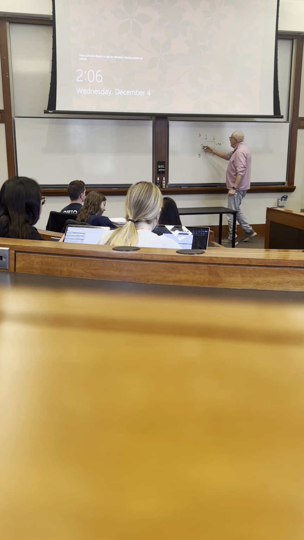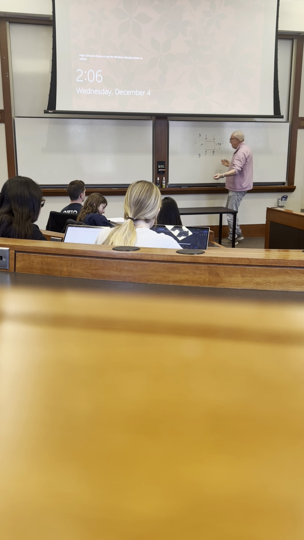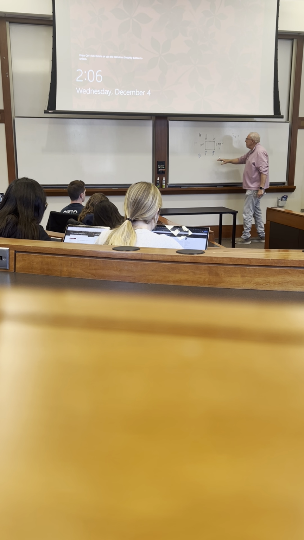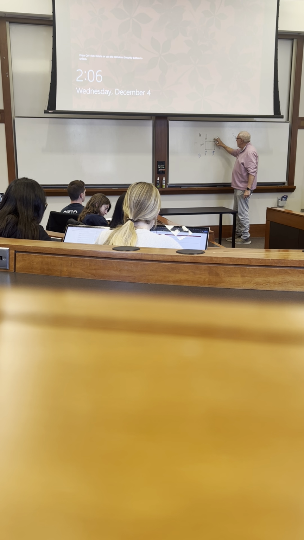All you have to do is look at the average for A. I don't care what numbers, make your own numbers up to make the math easy. Say this is 10 inches and this is 1 inch. They're different, that's all you need to know. So if I look at the average of A, it's 21 divided by 3, or 7.